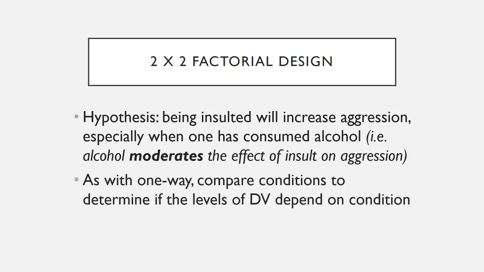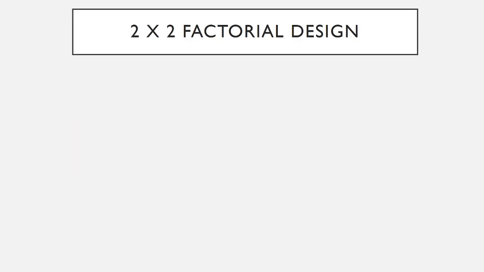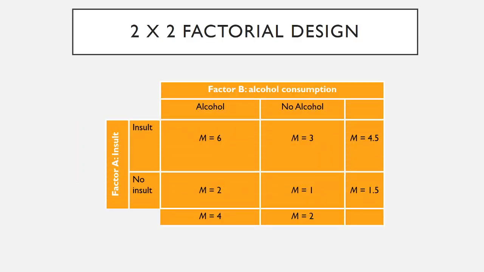So, as with the one way, you need to compare all your conditions to figure out whether or not the dependent variable is affected by your independent variables. But in this case, you just now have more different groups to evaluate, right? You have a mean for the insult and alcohol group, and for the no insult and no alcohol group, and the no insult alcohol, and the insult no alcohol.